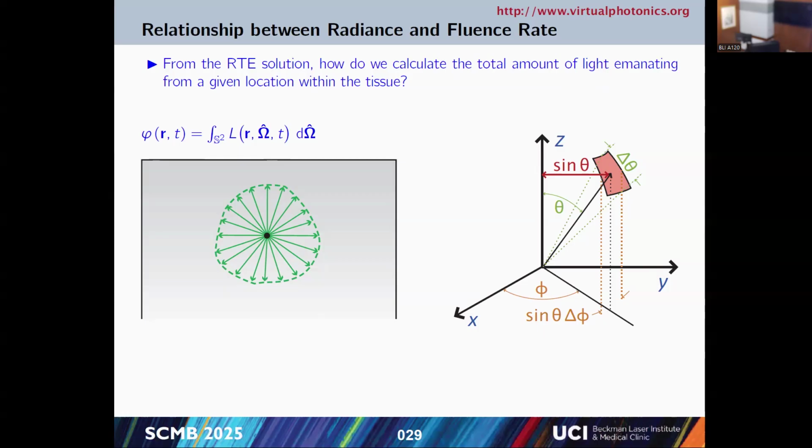Theta is latitude, so theta equals 0 is the North Pole, theta equals pi is the South Pole, and theta equals pi over 2 is the equator. That's how I think about it. And azimuth is longitude: you start at Greenwich Mean Time, go to the international date line, and then come back around. So what we need to do is integrate over the entire unit sphere. Well, how do we do that?